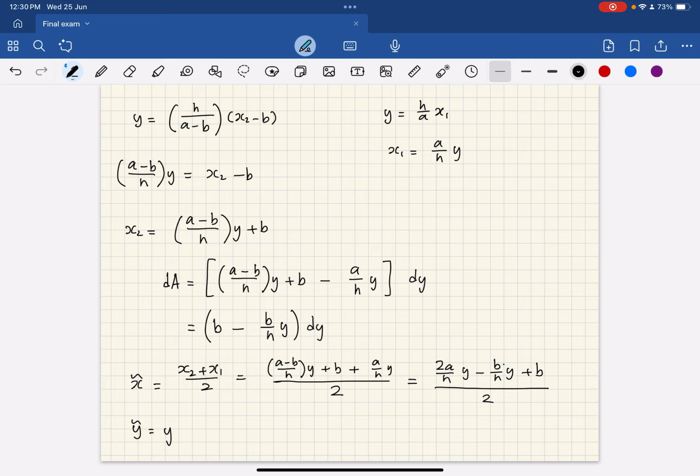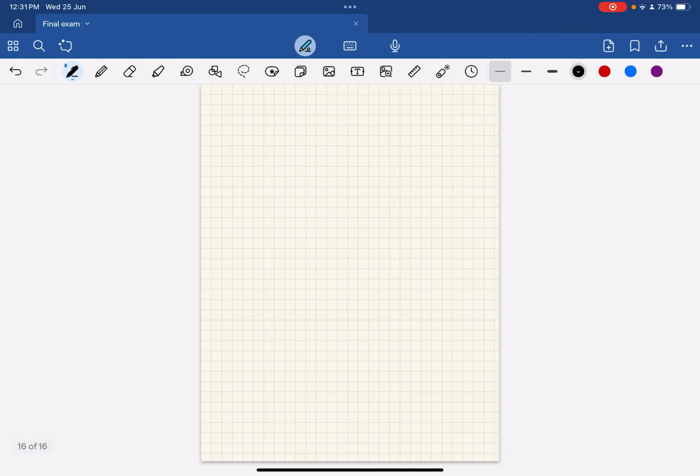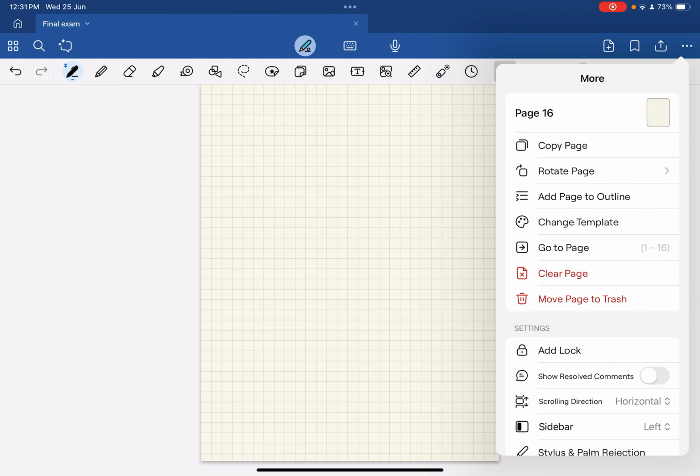Now 2, don't worry, it's just a constant. Don't worry about it too much. It's not a problem at all. Maybe you can simplify this further to a over hy minus b over 2hy plus b. Okay, much simpler.